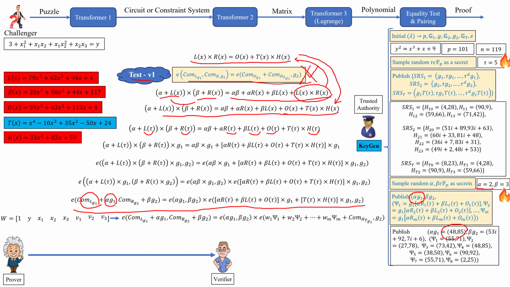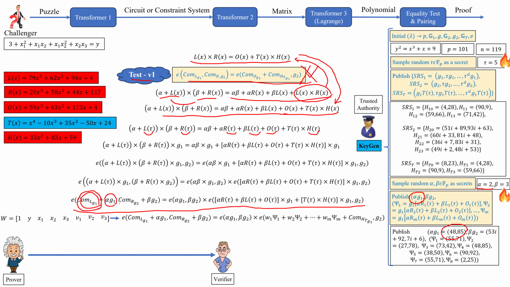After the prover computes commit of L of x based on the steps discussed in the previous lecture, you just need to add this element by alpha G1, and that is just addition of 2 points in group G1. Again, you can use our website to compute this part.